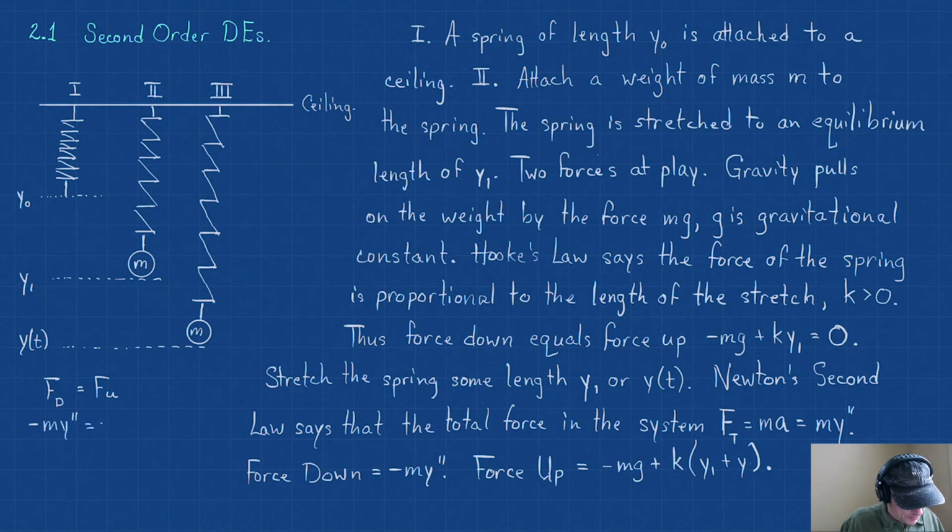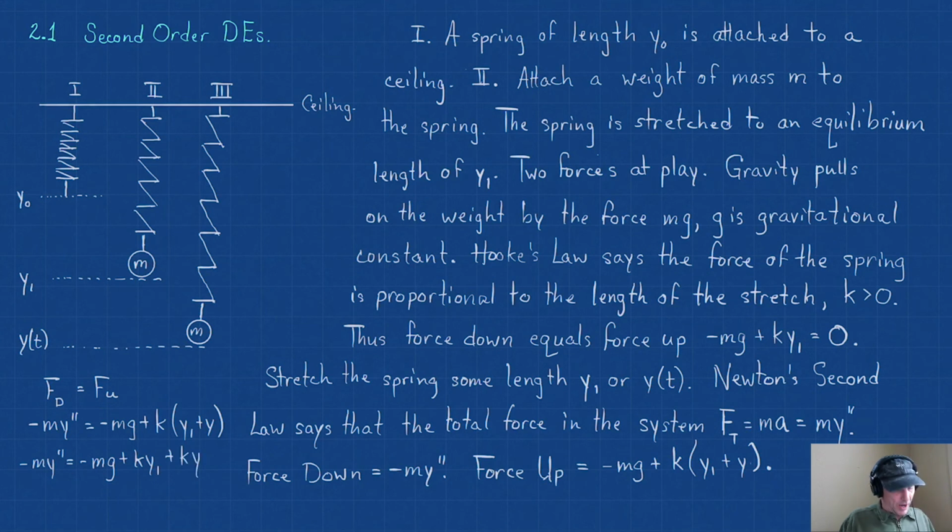And that's equal to minus mg plus k times y1 plus y. I'm going to distribute the k. And so what do I have? I have minus m y double prime equals minus mg plus k times y1 plus k times y.